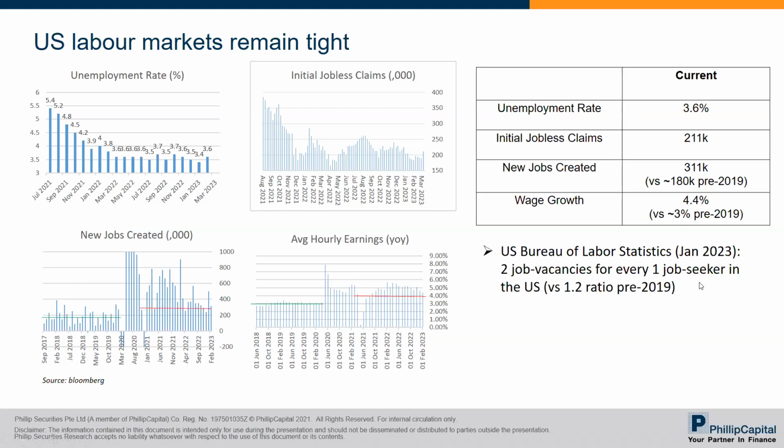The latest number is only 211,000. This is not very high; in fact, it's trending toward the lower end of the normal range. In a recessionary period, we would definitely see it above 300,000. So for now, it's only around 200,000. So the job situation in the US is still very positive. In fact, it's better than normal times, I feel.